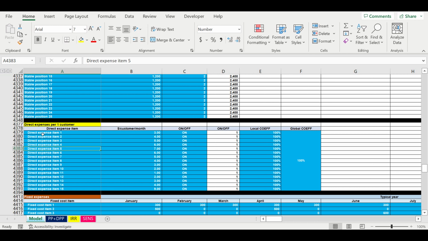We can, for example, switch on and off this direct expense item to see what will be the cash flow, a simple and discounted payback period with or without this or that expense. Here we have coefficients for these expenses to make us easily play with scenarios. So this group of expenses are linked to the amount of customers that we have at any given moment.